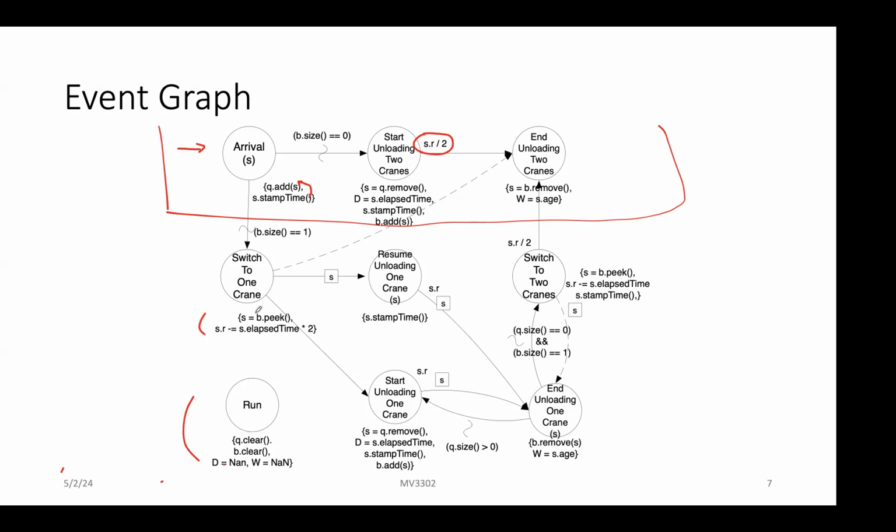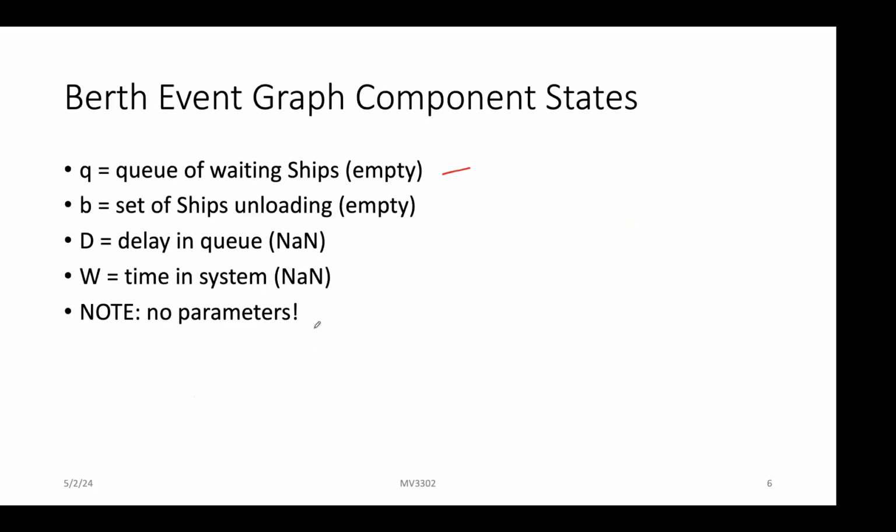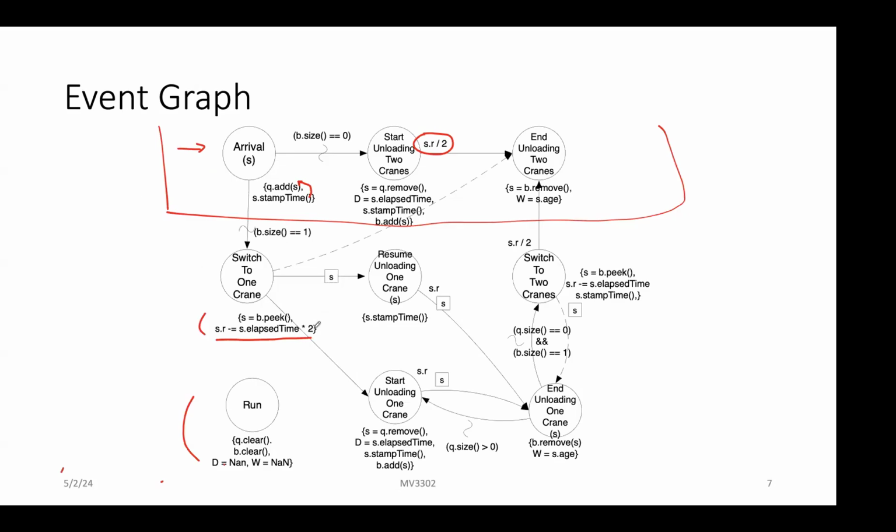We want to ask, okay, who is that ship that's in the berth? And we're going to credit its work at double the rate, because that ship that was in there had been unloading at twice the rate. I've unpacked the thing here, but internally we're going to credit the work with twice the elapsed time.